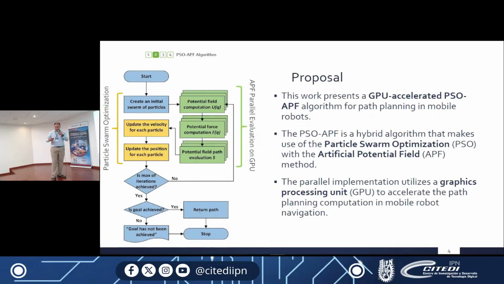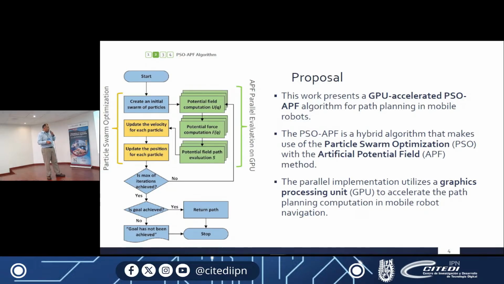Our proposal to solve the path planning problem is the GPU accelerated particle swarm optimization and artificial potential field algorithm. This is a hybrid algorithm that combines the particle swarm optimization.